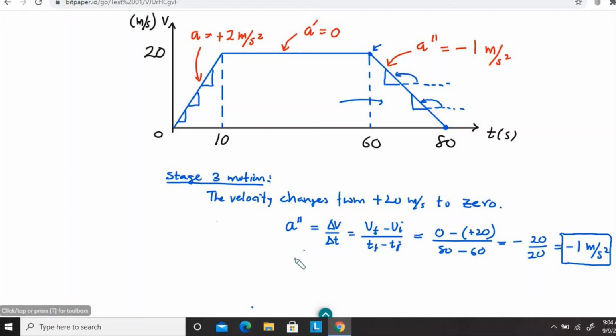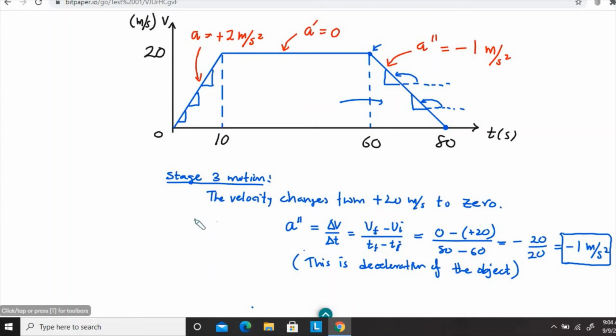This is deceleration of the object. So that's what we see in this part. There's a deceleration. Okay, now this is the end of part A of this problem.